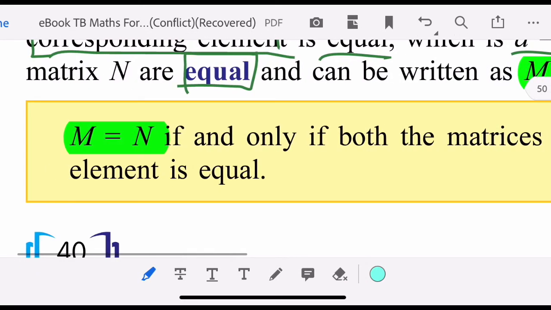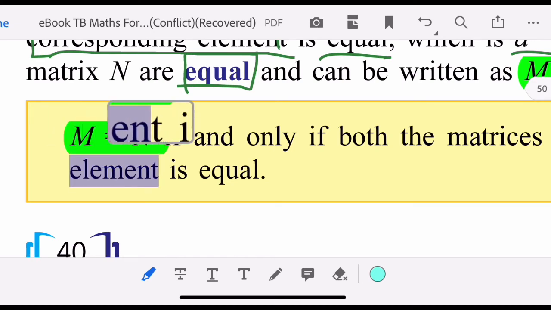Each corresponding element must be equal. So there are two conditions.